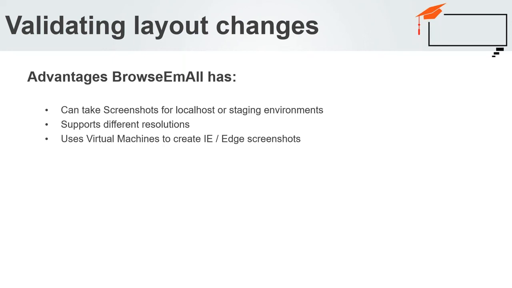You can select different resolutions with it. It's only possible with BrowserStack, the paid service. And last but not least, the screenshots are taken in the virtual machines provided by Microsoft, which means they are reliable and taken in the real browser.